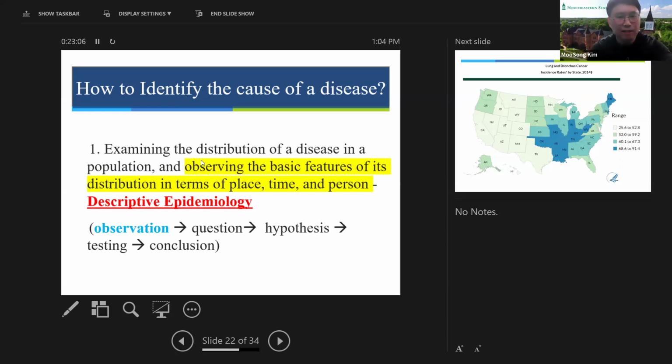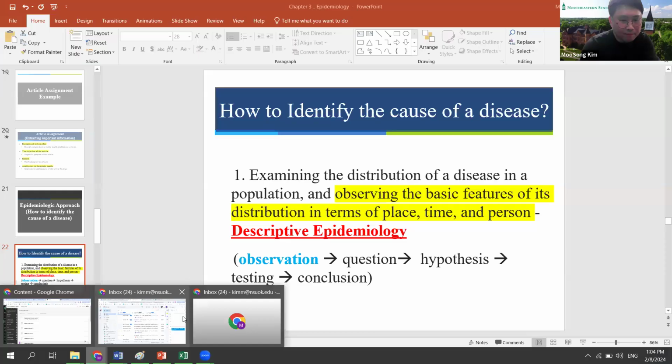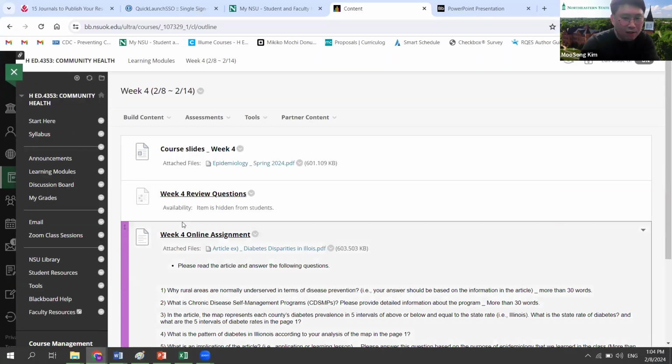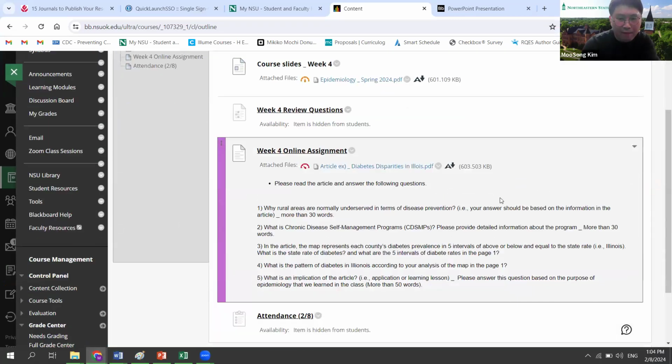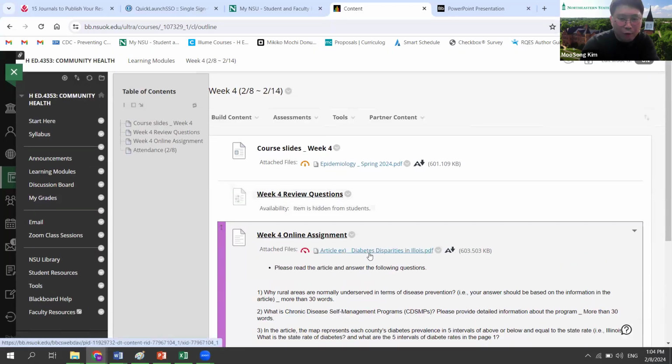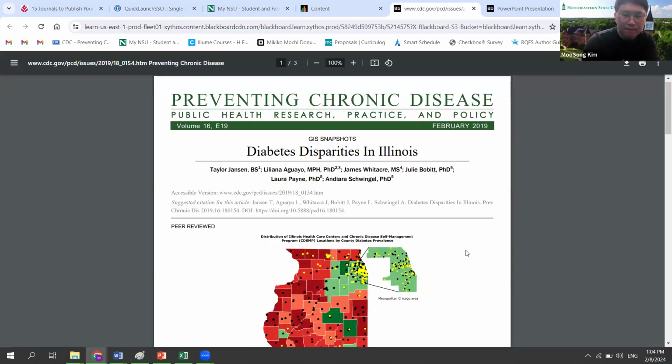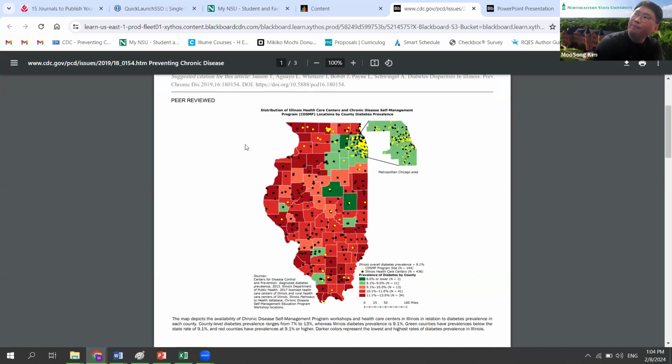So let's practice this. Go to the blackboard and click learning module week 4. We have the week 4 online assignment, and I attached an article. On the first page, here is the map showing the prevalence of type 2 diabetes in Illinois.